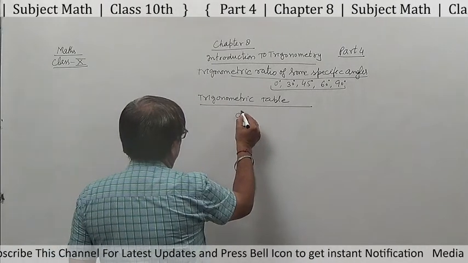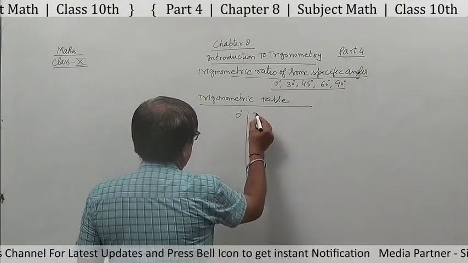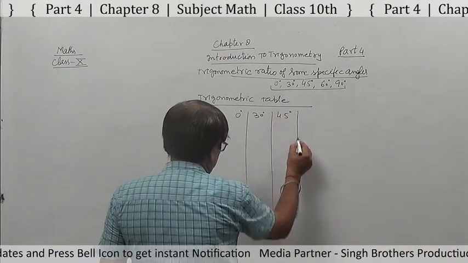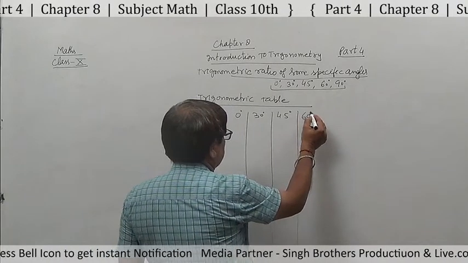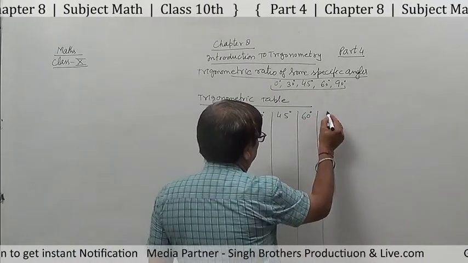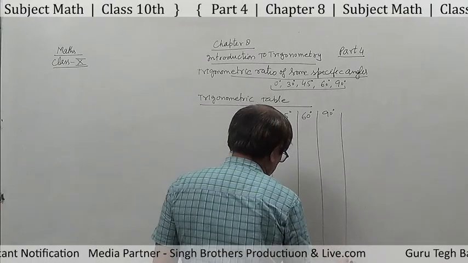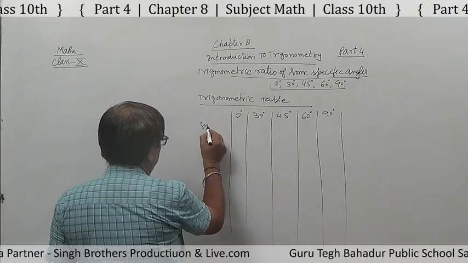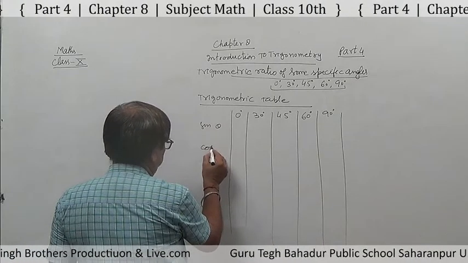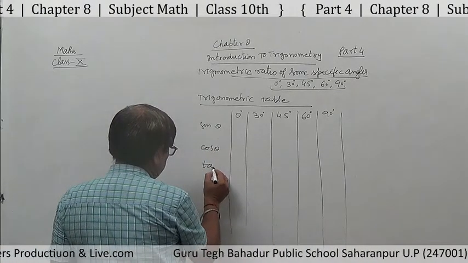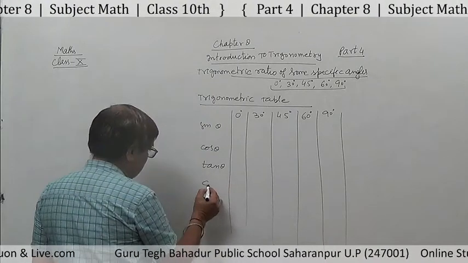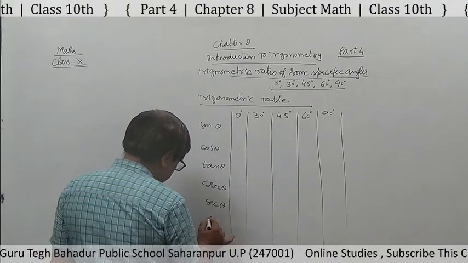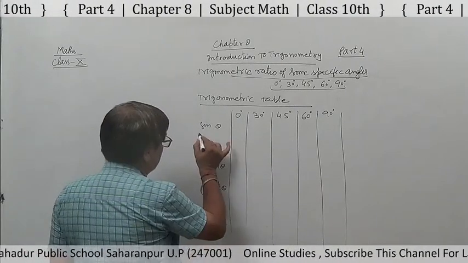That is 0 degree, 30 degree, 45 degree, 60 degree and 90 degree. Here sin theta, cos theta, tan theta, cosec theta, sec theta, cot theta.